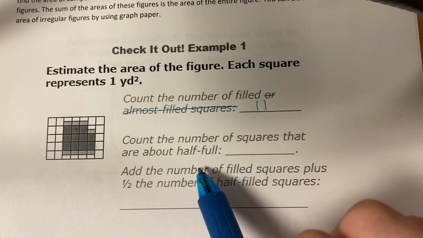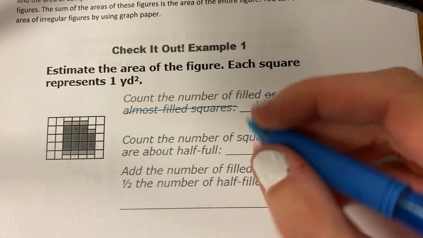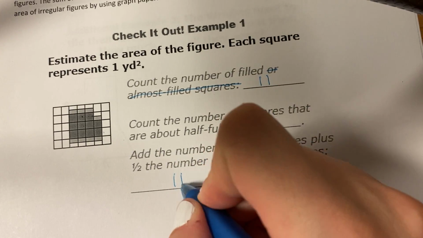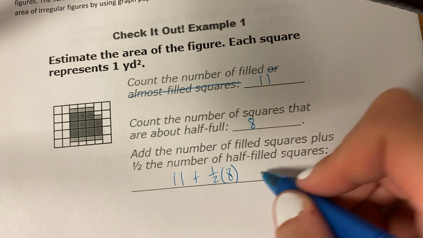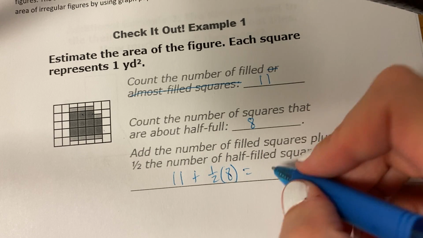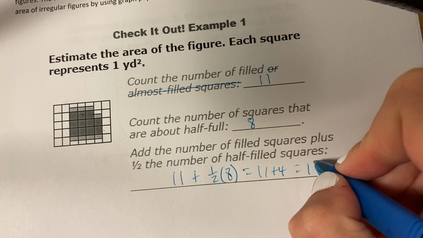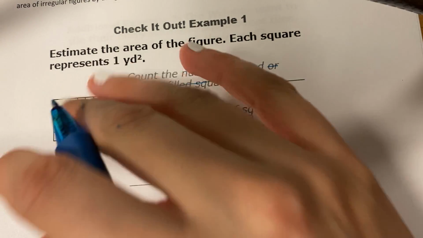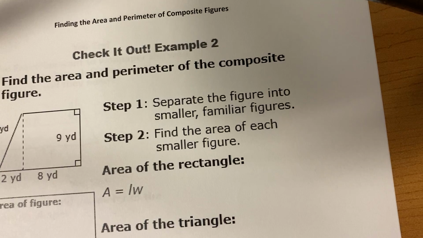Then count the number of squares about half full: 1, 2, 3, 4, 5, 6, 7, 8. So we add the number of filled squares plus 1/2 of the 8 half-full squares. That's 11 plus 4, which is equal to 15. So this is just an introduction. Basically, we're taking two pieces of information, area and perimeter, and putting them together. That's what composite figures are.